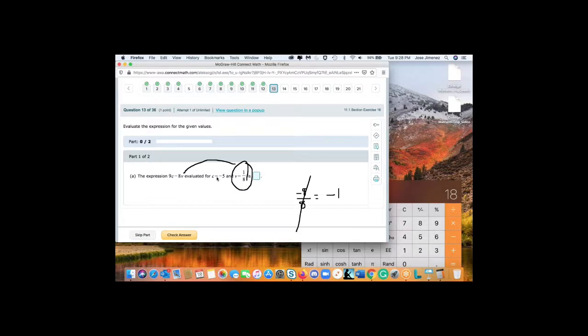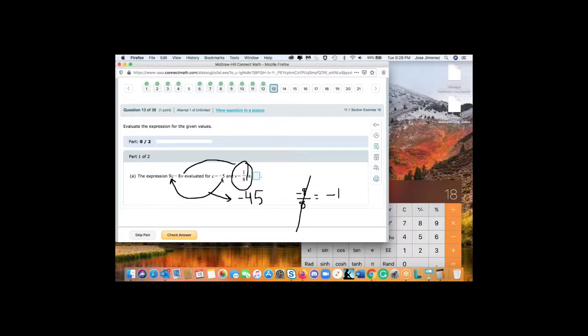Now 9, I substitute here. Then you multiply 9 times 5 is 45, but it's negative, so you have minus 45. So this one you have minus 45.